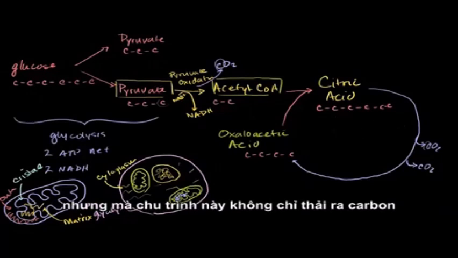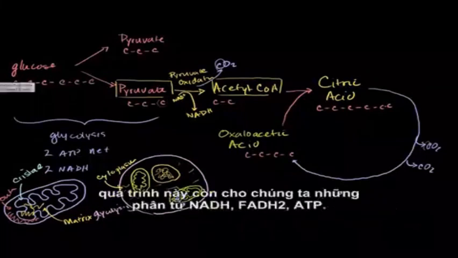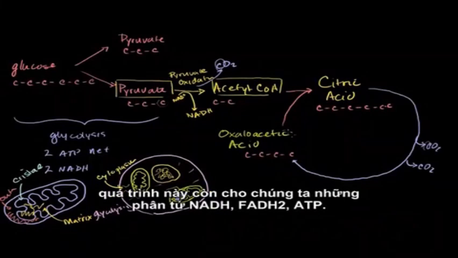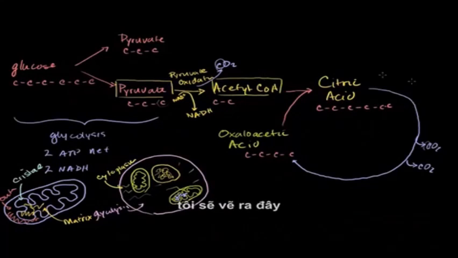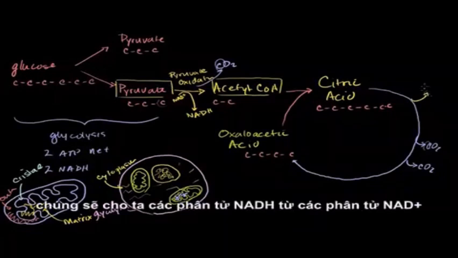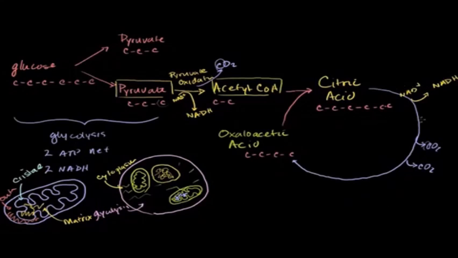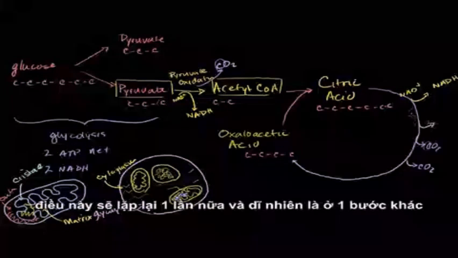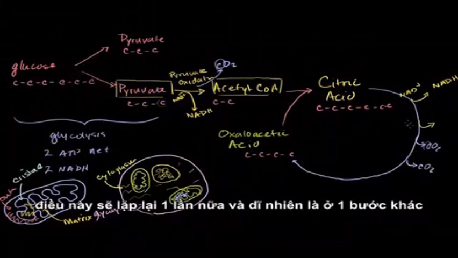But this cycle, it doesn't just generate carbons. The whole idea is to generate NADHs and FADH2s and ATPs. So, right here, and this is a huge simplification. I'll show you the detailed picture in a second. We'll reduce some NAD+ into NADH. We'll do it again. And of course, these are in separate steps. There's intermediate compounds. I'll show you those in a second.